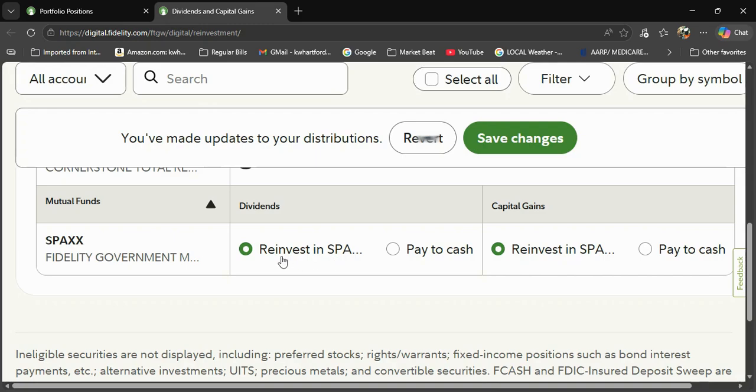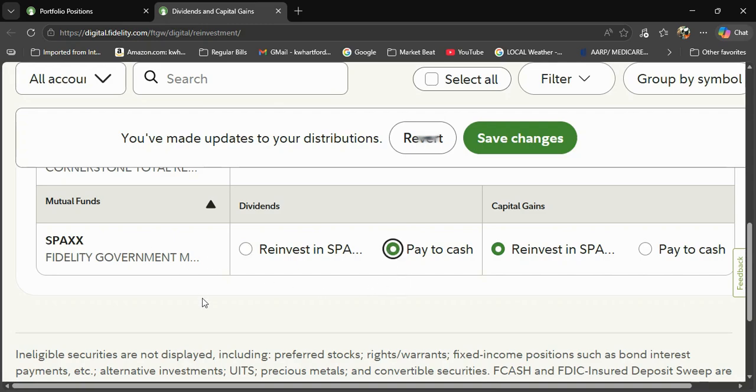And any cash that is left over in the account, so let's say you have $16 in the account and it takes $15 to buy 2 shares, the dollar left over, or whatever amount, instead of reinvesting, you just have it paid to cash so you have it available to reinvest again.